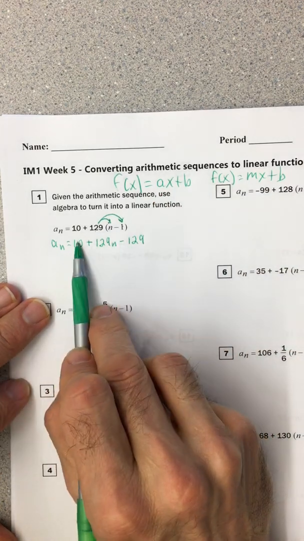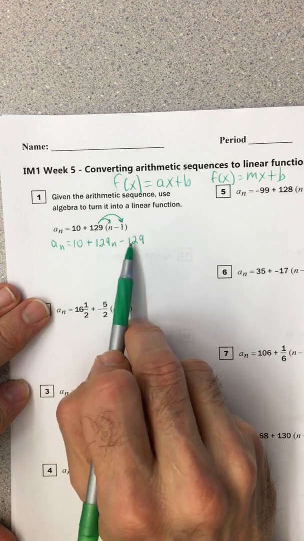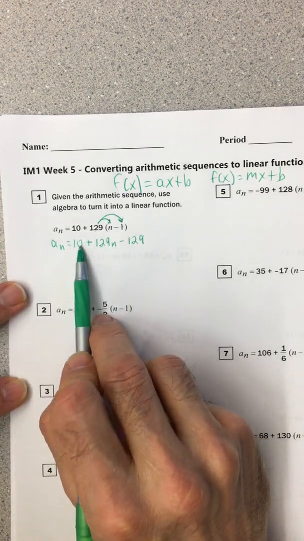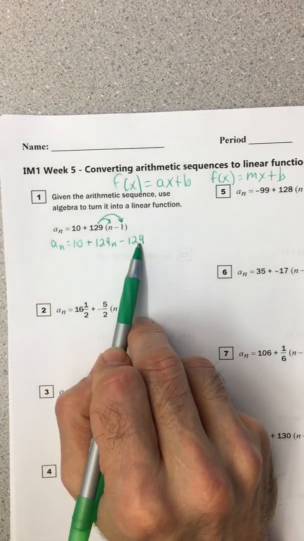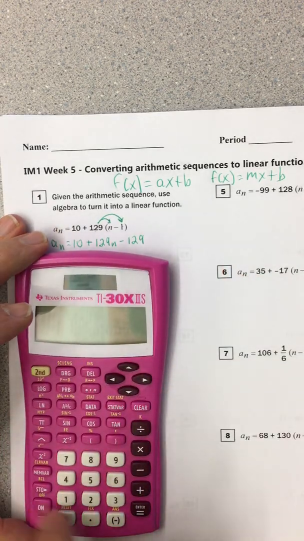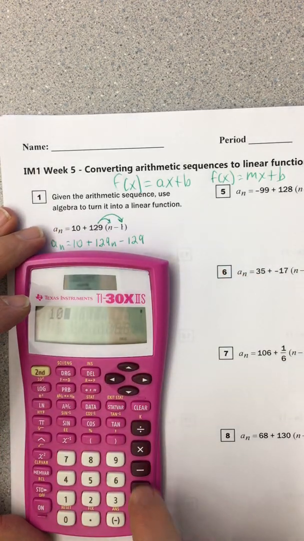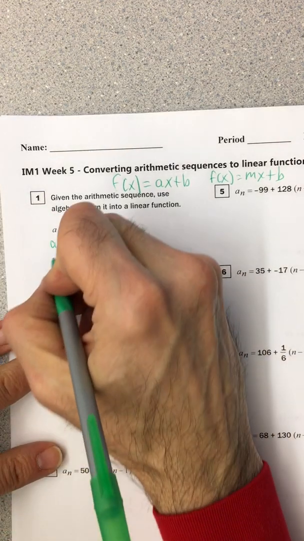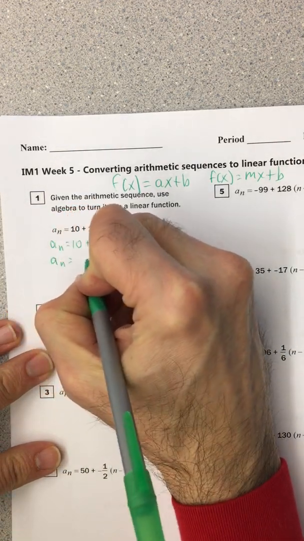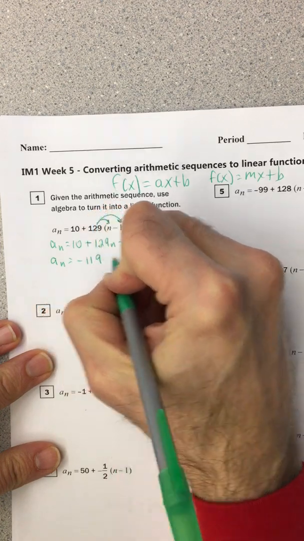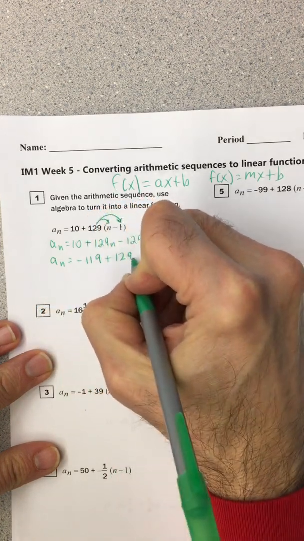I'm now going to go to my next step of simplifying, which is combine like terms. So 10 and negative 129, well, just in case I forget how to do that, 10 plus negative 129, negative 119. an equals negative 119 plus 129n.